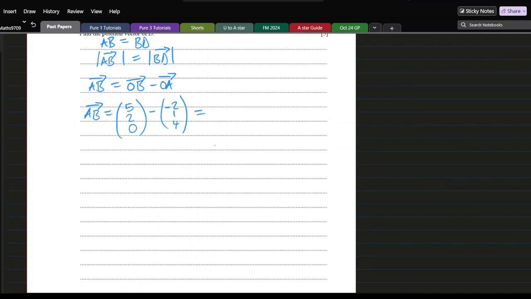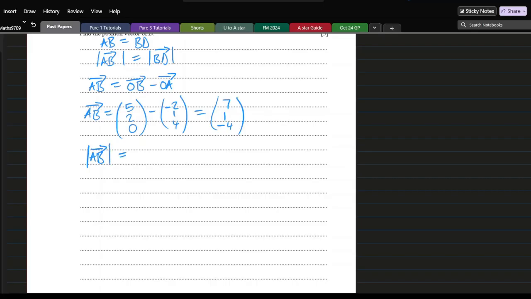Alright, so let's simplify that. That's 5 plus 2, which gives us a 7. Then we've got 2 minus 1, which gives us a 1. And then we've got 0 minus 4, which is negative 4.